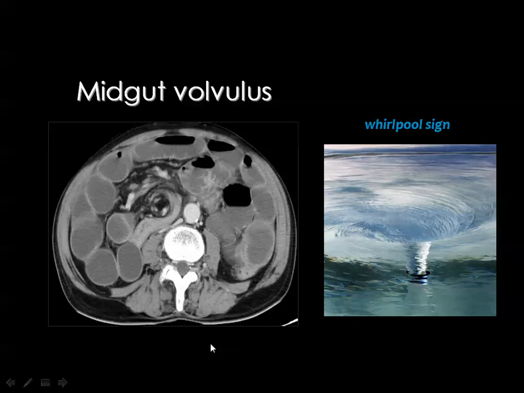And of course, because of this volvulus, you will get some obstruction in the intestine, and this is reflected by dilated bowel loops with multiple air fluid levels inside the loops.